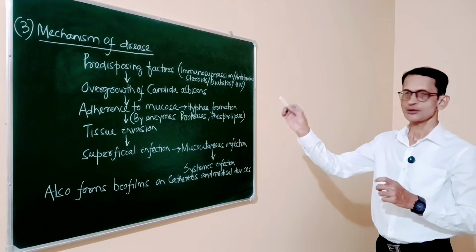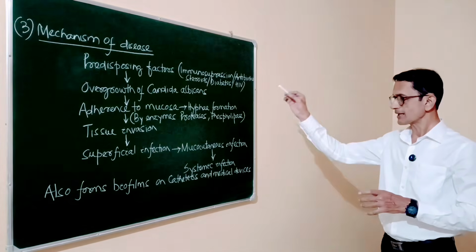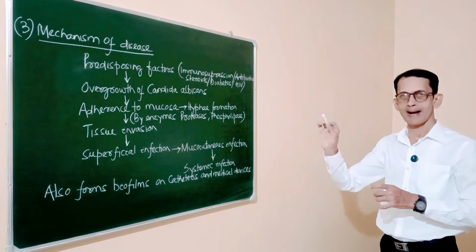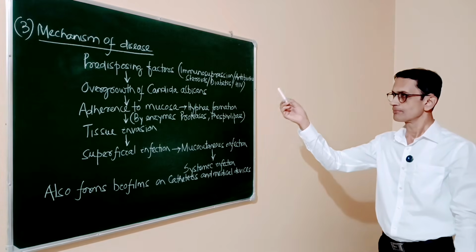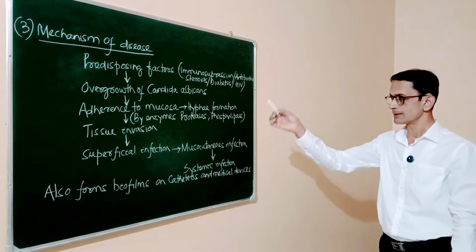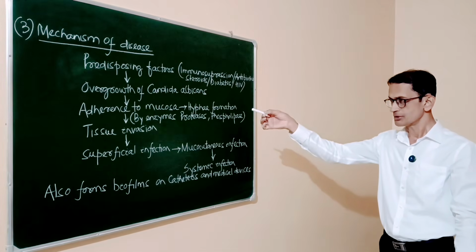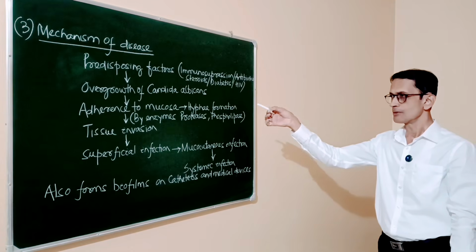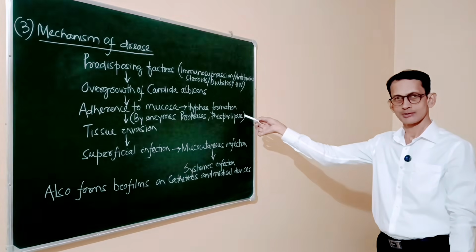Next guys, the last part of pathogenesis, mechanism of disease. Make a flow chart here for maximum marks. Start with predisposing factors, already we discussed. Then overgrowth of Candida albicans leads to adherence to mucosa, and here hyphae formation.